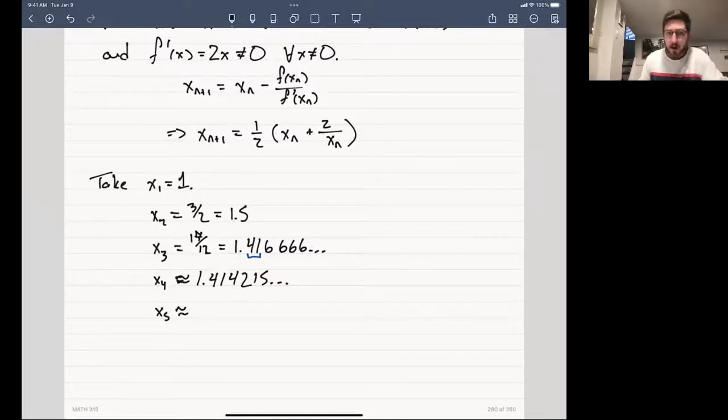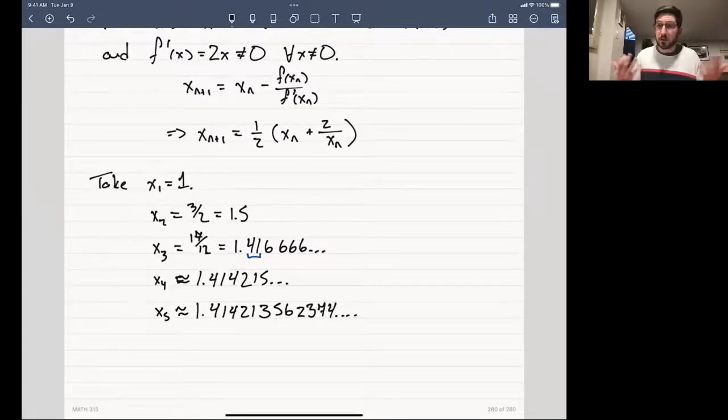After about 5 iterations, we actually have 11 digits of accuracy here: 1.41421356237, blah, blah, blah. And maybe you're asking yourself, Jason, how do you know that I actually have 11 digits of accuracy if I don't actually know what the square root of 2 is? Well, if you do x_6, then you'll see that the first 11 digits don't change.